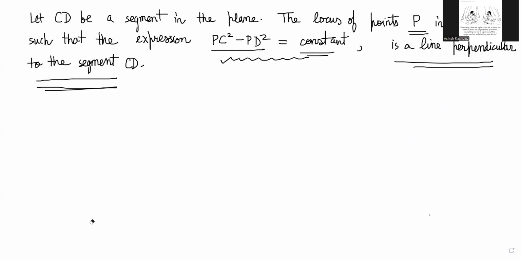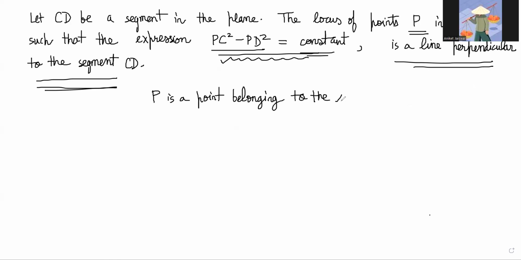So let's see how to prove this. Let's say that P is a point belonging to this locus, which means it will satisfy what condition? This one, right? Yes, sir. And let's draw a figure. Let's say this is my CD and P is somewhere here.